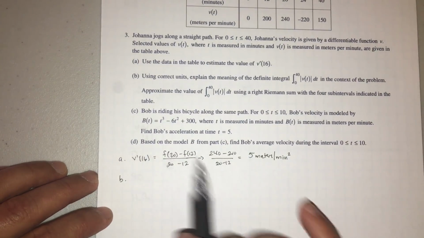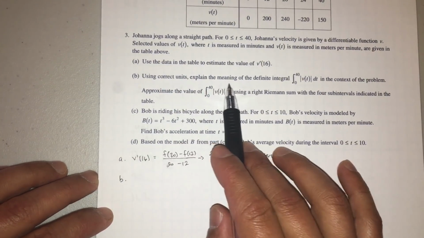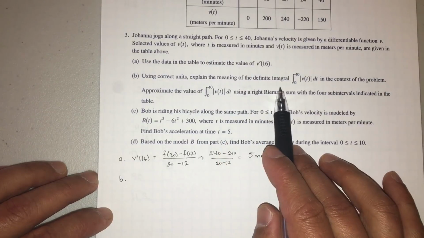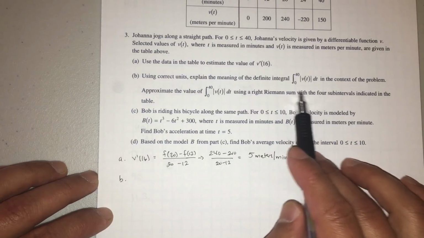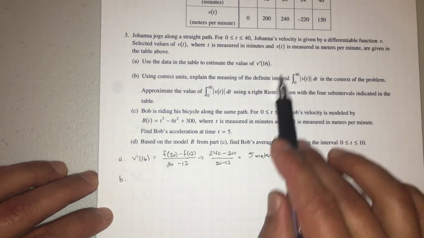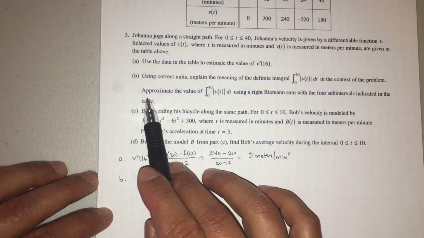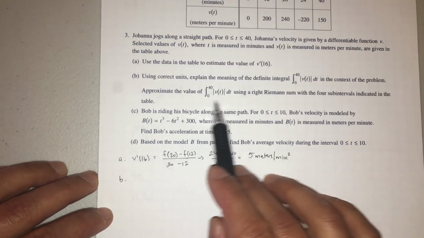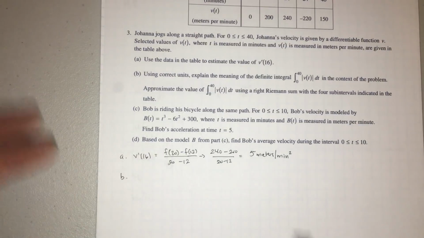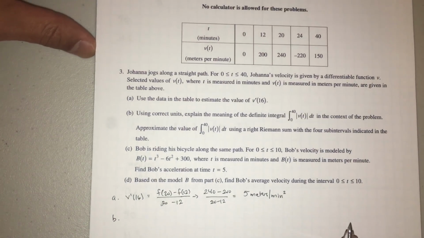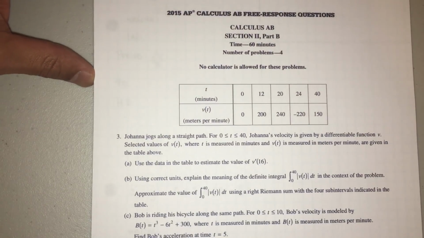Part 2, letter B. Using correct units, explain the meaning of the definite integral. You see the symbol again? Remember we talked about it in the other one. So explain what this means in the context of the problem. Approximate it using a right Riemann sum with 4 subintervals indicated in the table. So let's do a Riemann sum.